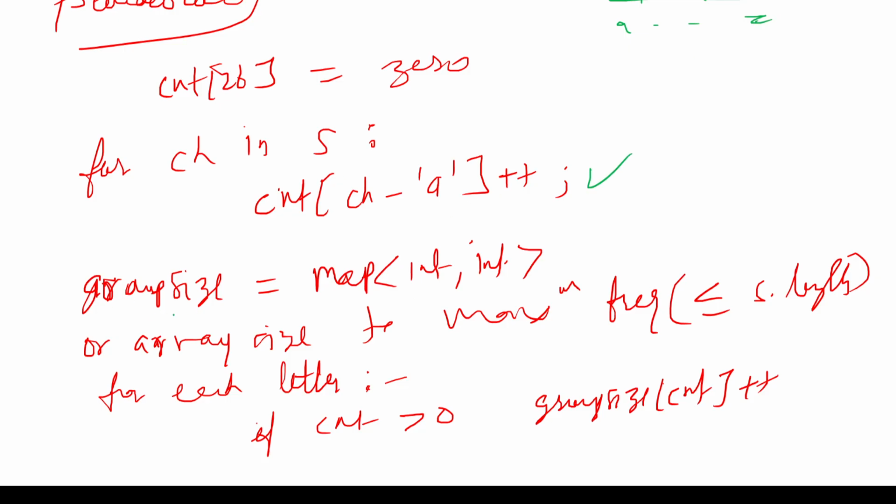Then you will take the group size, which can be the array size or the s dot length, maximum. For each character you will check if count is greater than 0, and just increase the count. So each time you find it, you increase its count, from the string, and you will update from 1 to 3, that we have seen already.